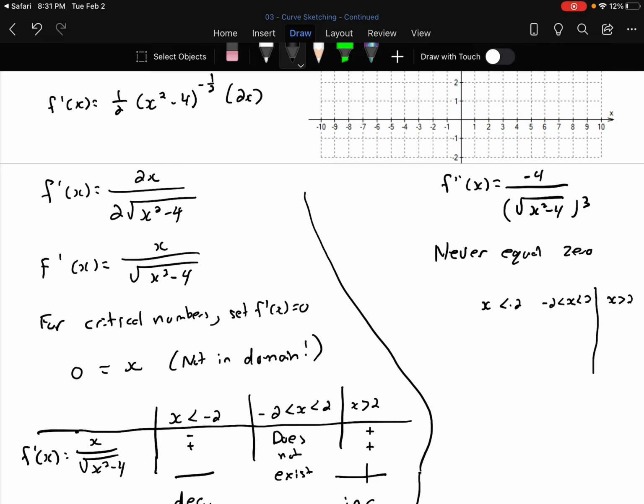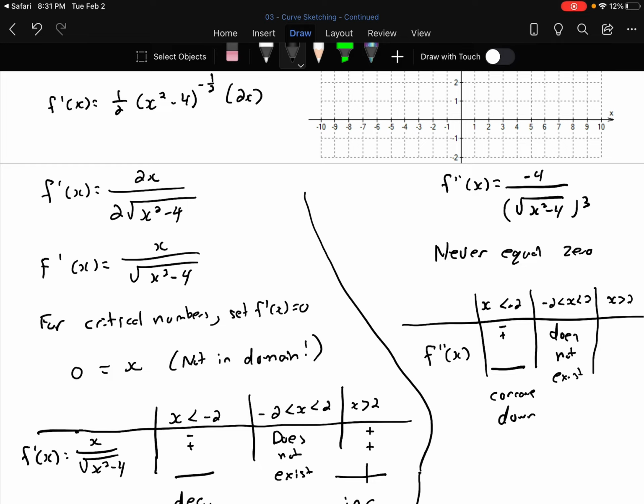We're just using the domain now to investigate the concavity. And so I'm just going to write f double prime at x here. So if I take a negative 3 and put it in that thing, the numerator is going to be negative, denominator is going to be positive. So this thing comes out to be negative. So this is concave down. In here does not exist.